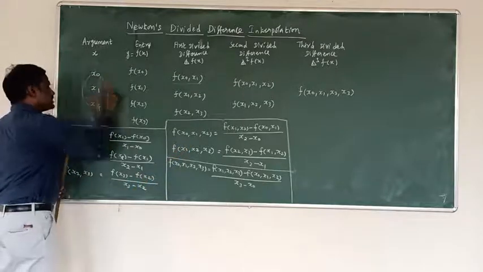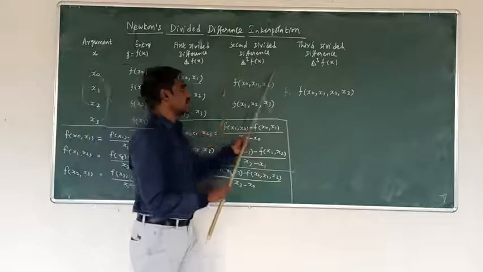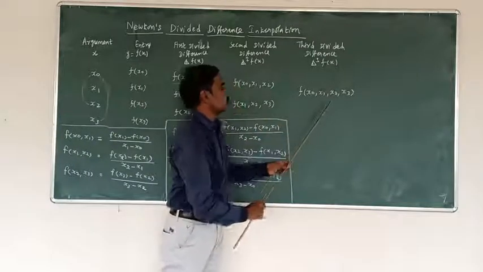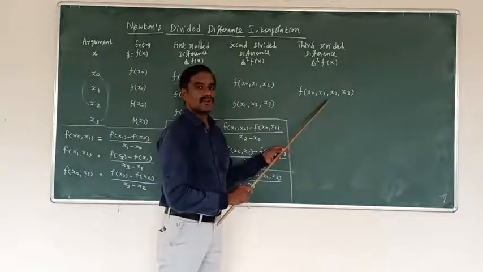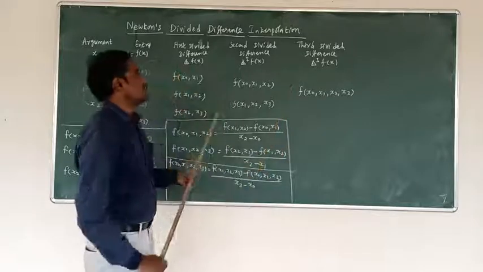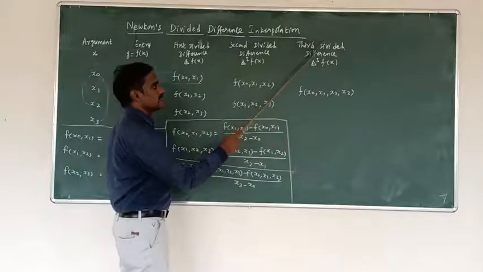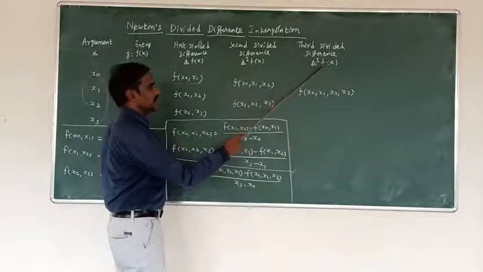Okay. Now the difference table we can extend up to the single value. Next is the third divided difference, delta cube f of x.